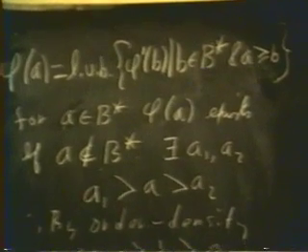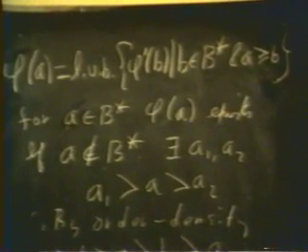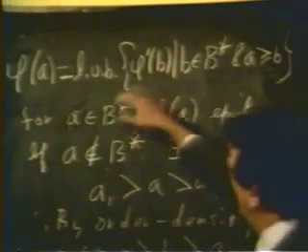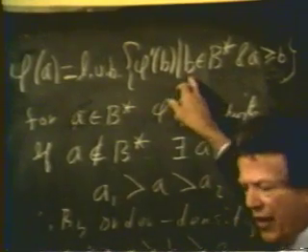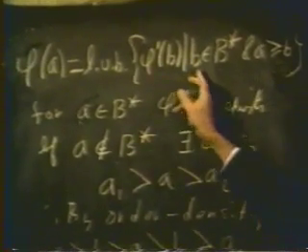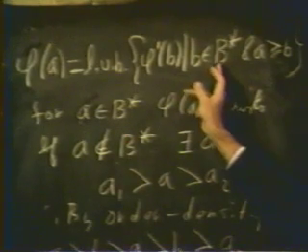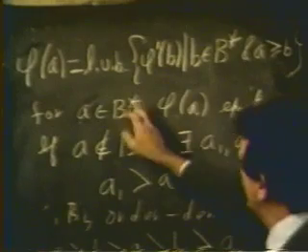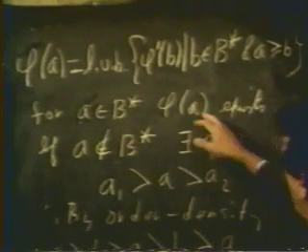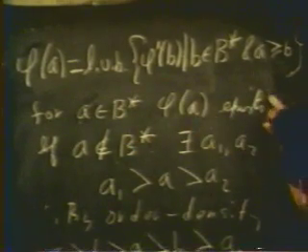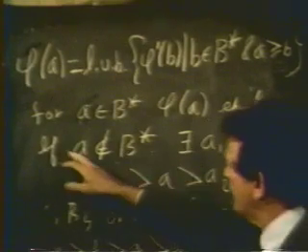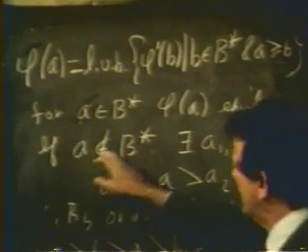Now we have the usual problems about that. We have to show that the least upper bound of this set exists. And there are two problems in showing that. First, that the set is non-empty, and second, that it's bounded from above. Well, if A is in B starred, there's no problem at all about phi of A existing. The real question about existence is if A is not in B starred.